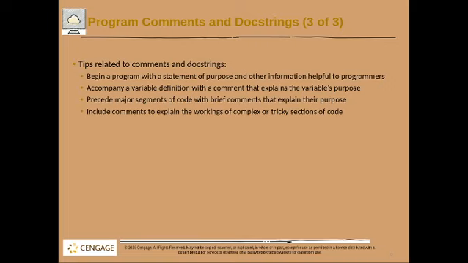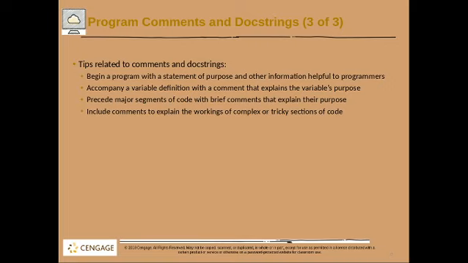Accompany a variable definition with a comment that explains the variable's purpose. Basically, these are notes to yourself. It's like sticky notes. If you are fond of bullet journals and other journaling or planning, you usually use sticky notes, tabs, indexing. These are notes to ourselves to give us an idea what the program is for.